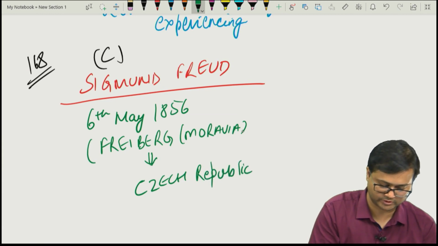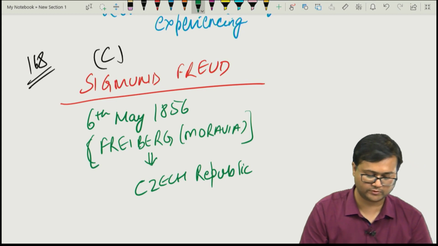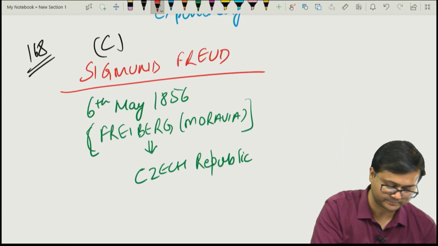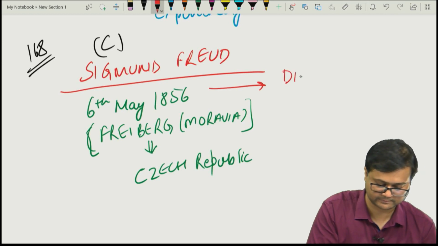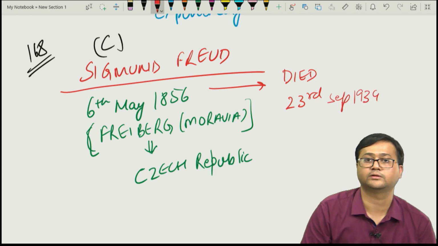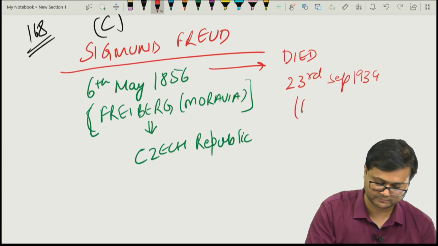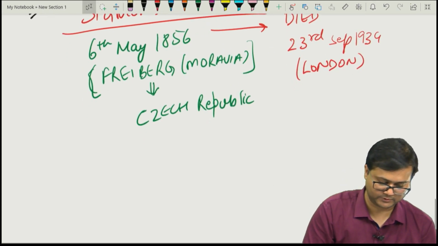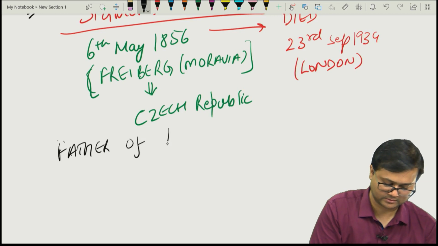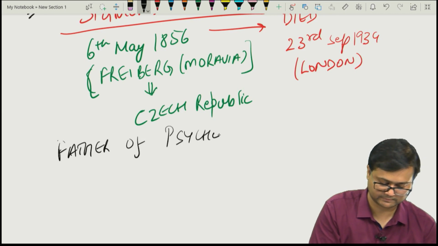So it is also important to remember where he was born. He was born on 6th of May 1856 and he died on 23rd September 1939 in London. Sigmund Freud is also known as the father of psychoanalysis.